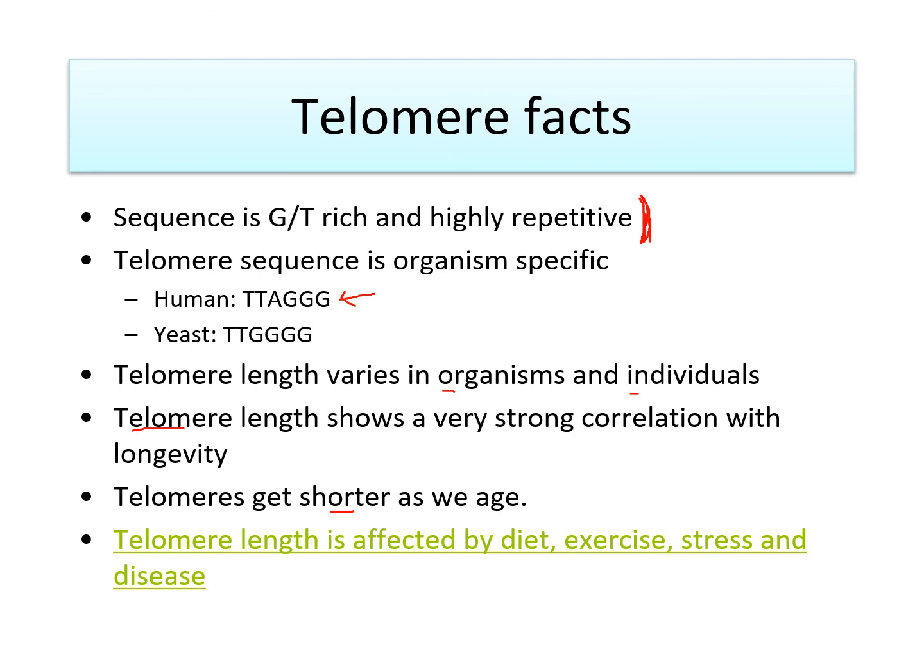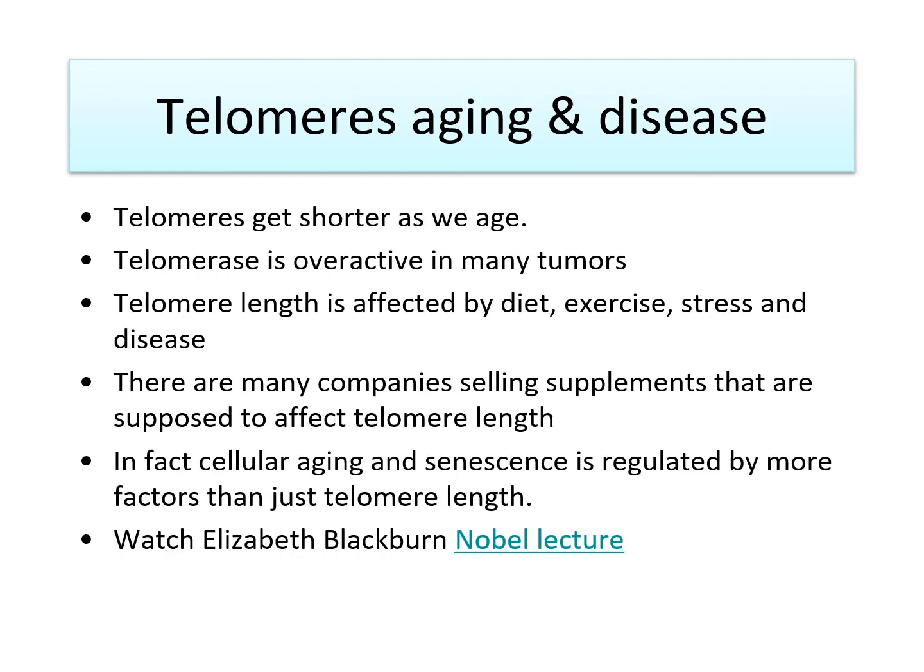Some people believe that if you can make telomeres longer, you will live longer. I'm not 100% sure about that. Telomere length is affected by diet, exercise, stress, and disease. That has been shown. So as I said, telomeres get shorter as we age. In contrast, in many cancer cells, telomerase is overactive. In normal cells, our telomeres get progressively shorter.